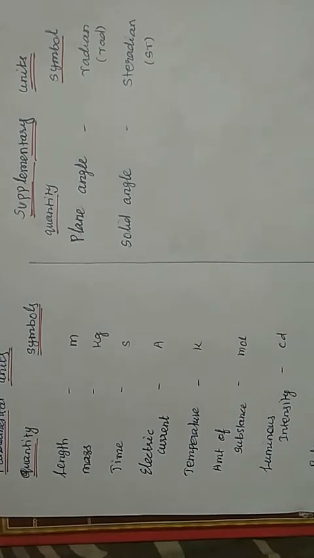So there are certain rules for writing SI units. SI unit is the International System of Units. There are 4 rules for writing the SI units. First one is small letters are used for the symbol of unit.